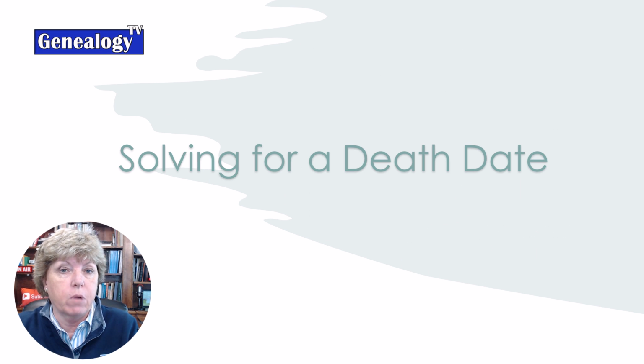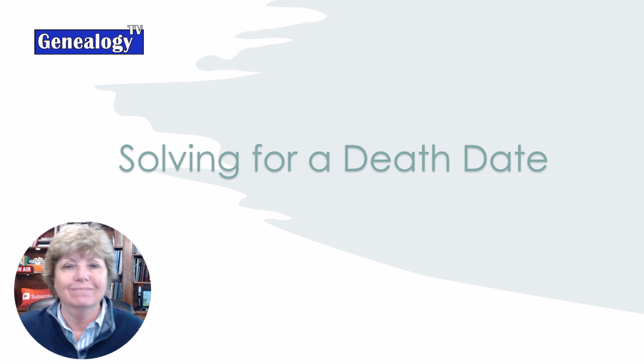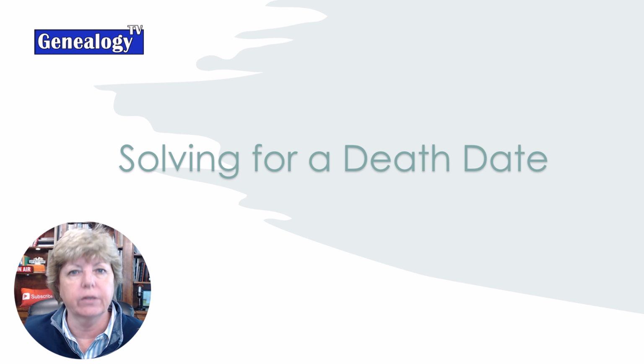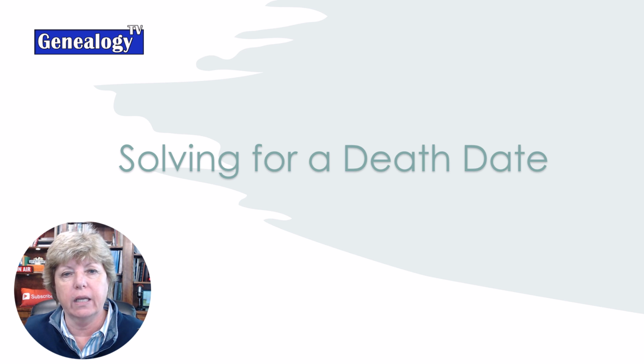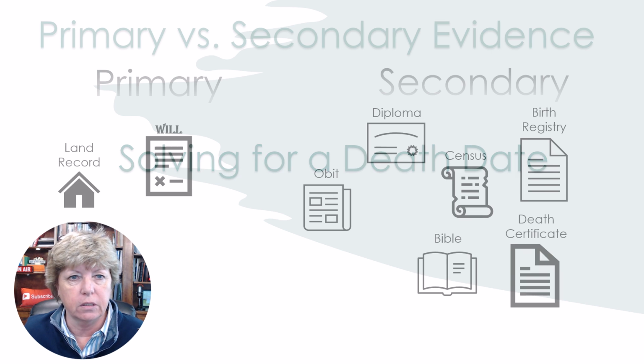Let's pretend for a moment that we're trying to solve for a death date. We have conflicting information about when a person died, and so we're going to take a look at all the evidence and do a quick analysis here of what we have and how we can resolve this.